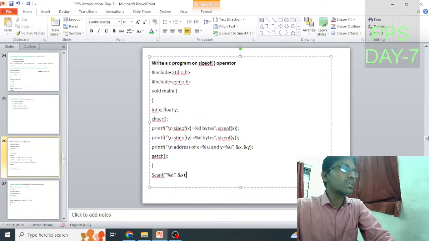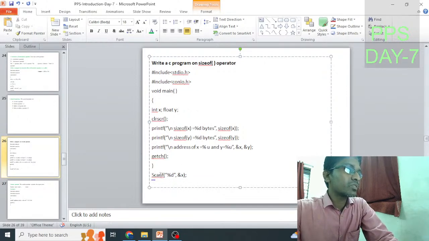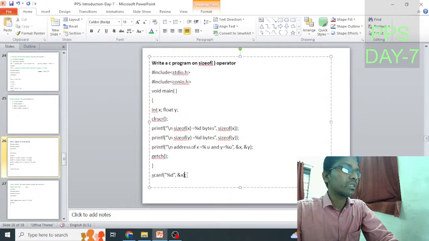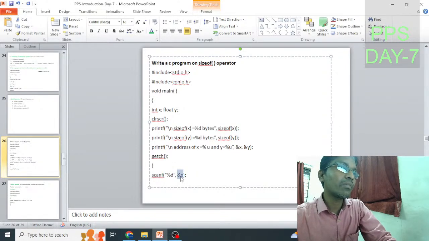So here the scanf function is used to read some values from the keyboard. In this example I want to read only one value from the keyboard, and the value you read will be stored in the memory location. So what is the address? Where will the value be stored?